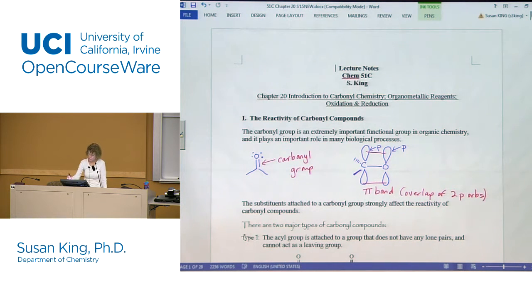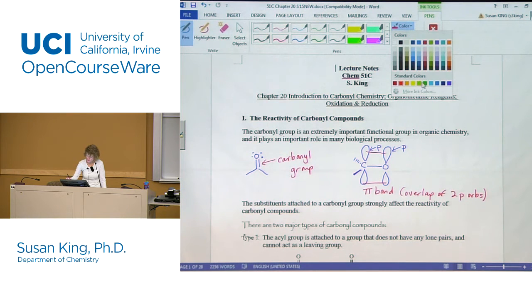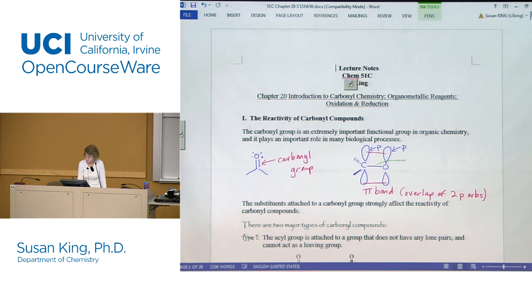And then the carbon-oxygen sigma bond is right here. Overlap of what type of orbitals? sp2 and sp2. So now we're going all the way back to chapter 1. So we're going to hit all those chapters.